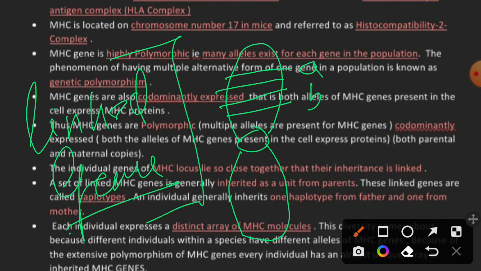When two genes are linked, no matter what happens, they will always be inherited together. They are like those friends who are together from class 1 to 12. Then if they get the same college, they will again be together, and in future if they do the same job in the same company, they will also be together. That means no matter what happens, they will always be together. That is the concept of a linked gene.